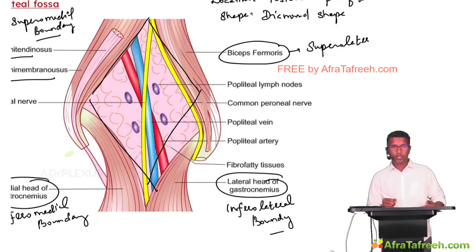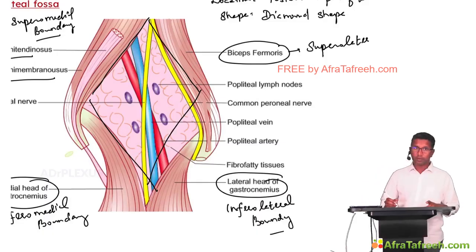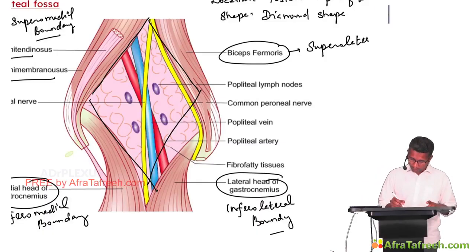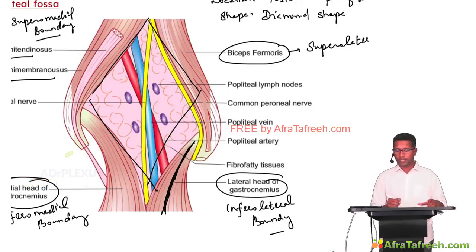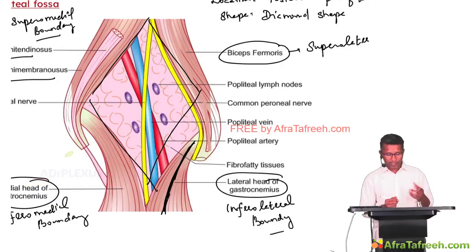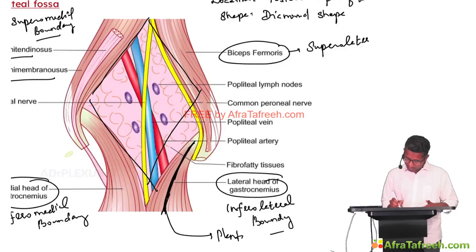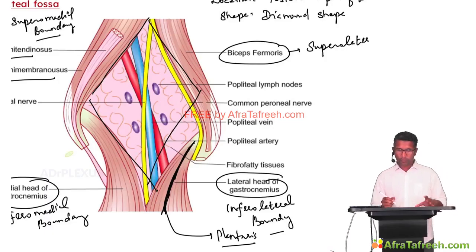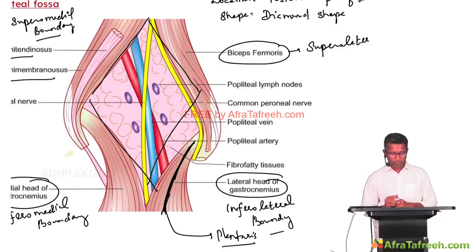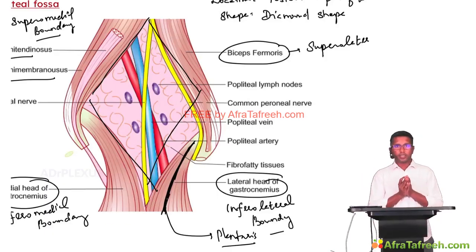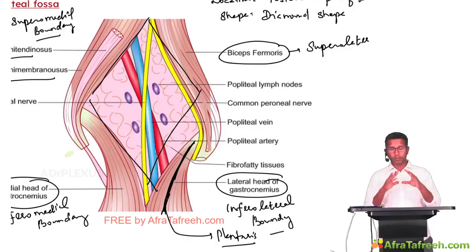Along with this lateral head, you will see one more muscle running in this area, which is not shown in the figure. It has a rat tail like appearance, and this is the plantaris muscle, which also lies in the inferolateral boundary.